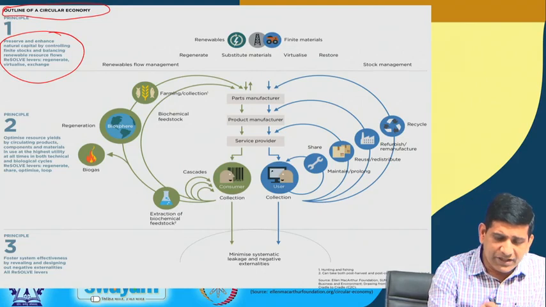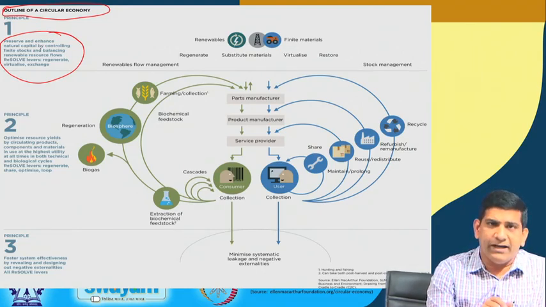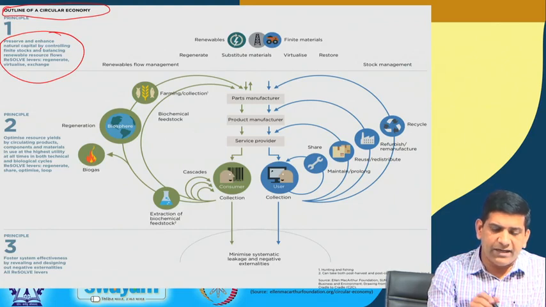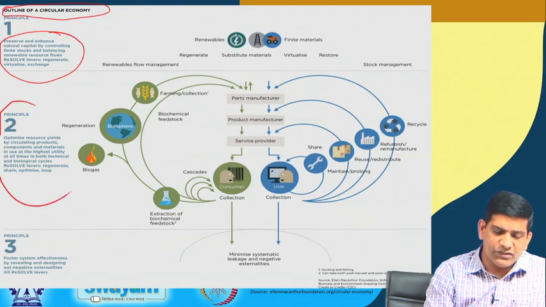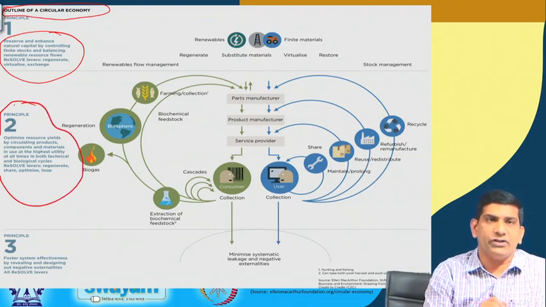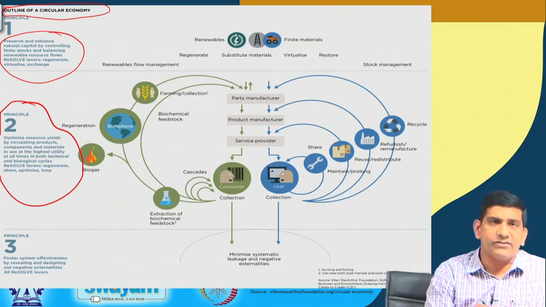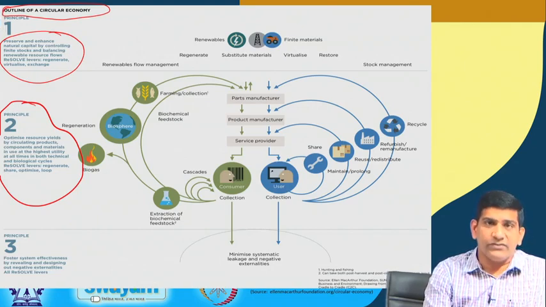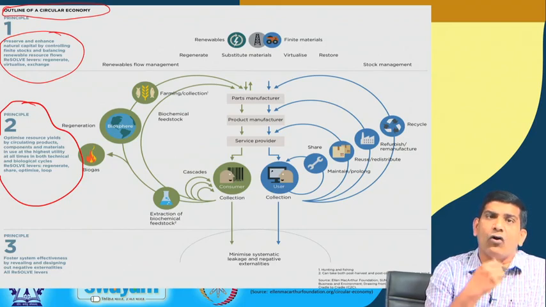That is the whole concept. You are trying to preserve and enhance natural capital by controlling finite stocks, the stocks are always finite, and balancing the renewable resource flows, and you try to regenerate, virtualize, and exchange. That is the first principle. The second principle is to optimize the resource yield, by circulating products, components, and materials at the highest utility at all times.